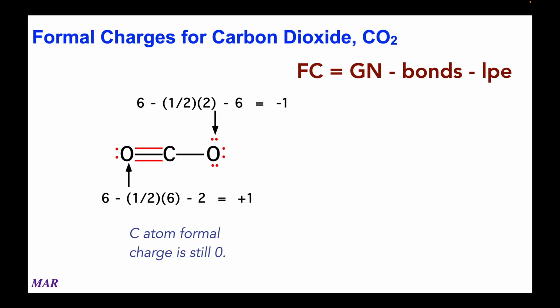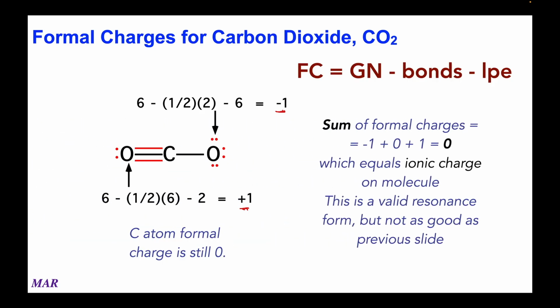But now the oxygens on the left and the right-hand side are different. Oxygen with a single bond ends up with a formal charge of -1, and oxygen with a triple bond ends up with a formal charge of +1. So if you add those formal charges together, you still get 0. All right, carbon is 0, -1 for the right-hand oxygen, plus +1 for the left-hand oxygen.